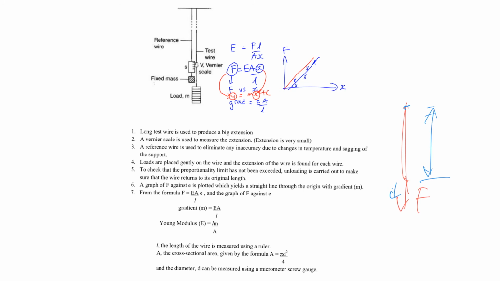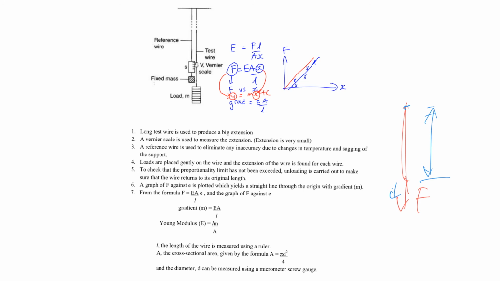In order to plot the graph, obviously we need multiple values of F and x to be able to plot the points. So what we do is we use this test wire, and we attach a vernier scale and some load here. So why do we need a vernier scale? Because when you are trying to stretch a wire, the extension is actually very small.